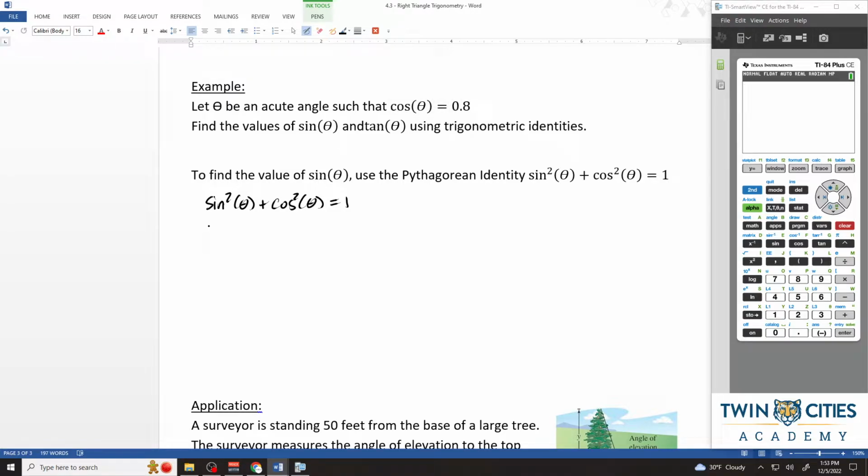This will now read sine squared of theta plus, if cosine of theta is 0.8, then cosine squared of theta is going to be 0.8 squared. This is equal to 1. So sine squared of theta plus, let's actually find out what 0.8 squared is. 0.8, let's square this.